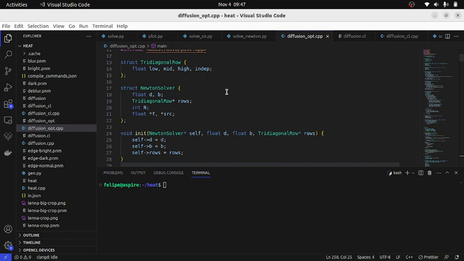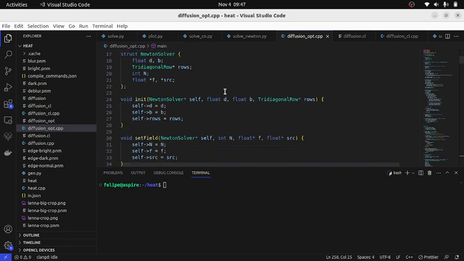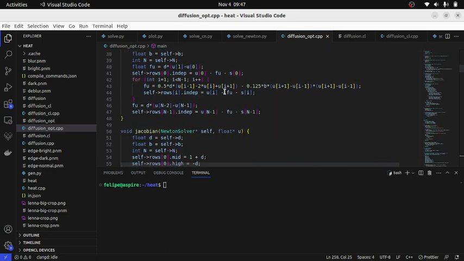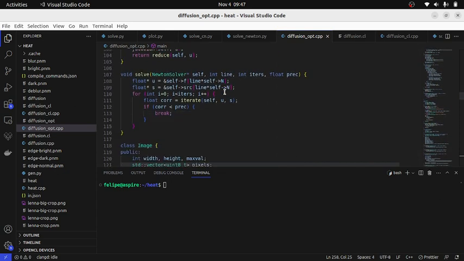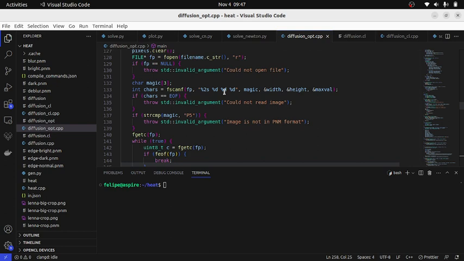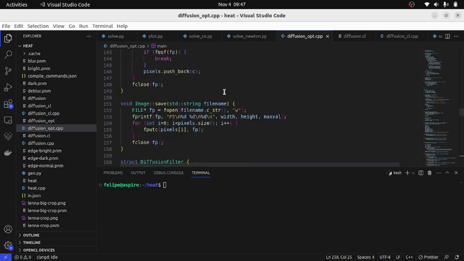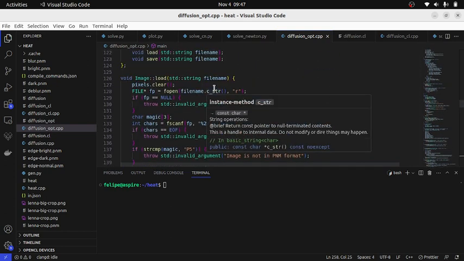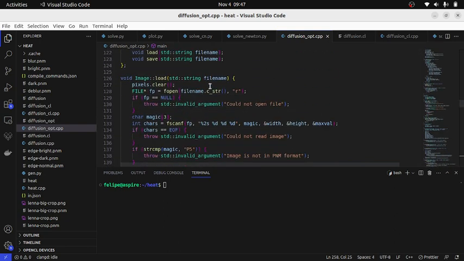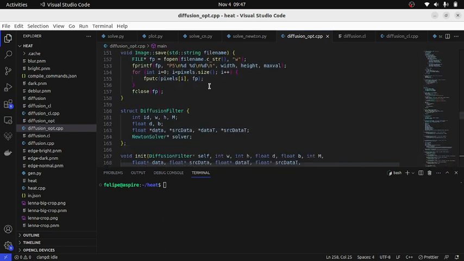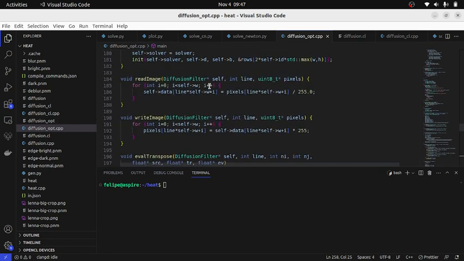Instead of object-oriented programming, I used C-style structs for initializing everything, and all of it is here. There's also some code to load the image. This uses classes because it is not really relevant to the algorithm, but everything is here.